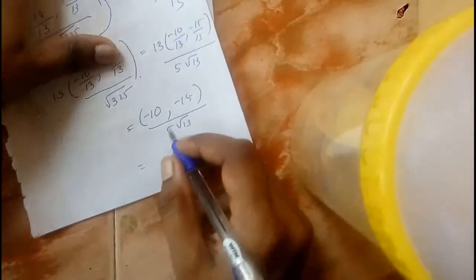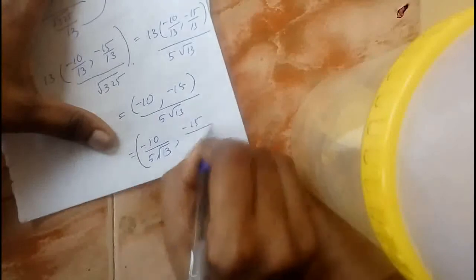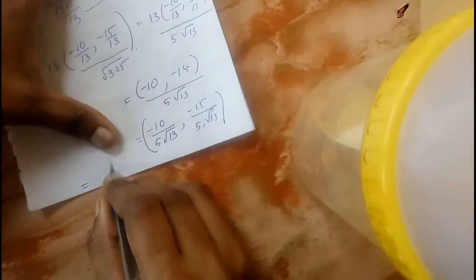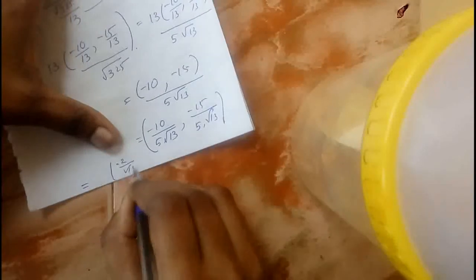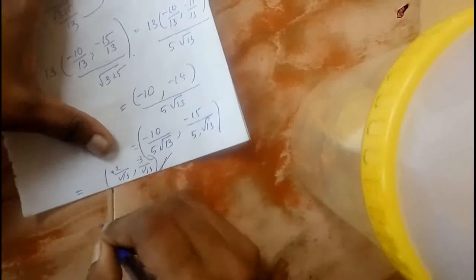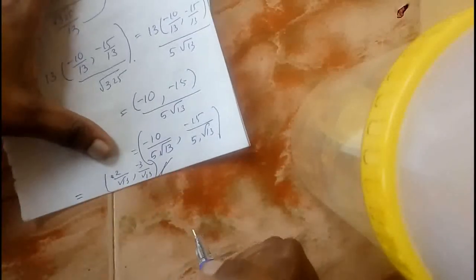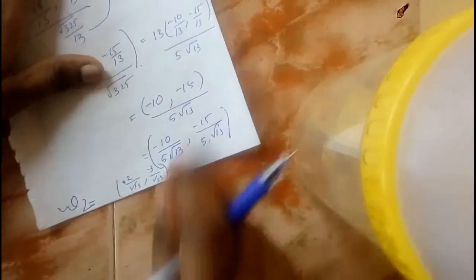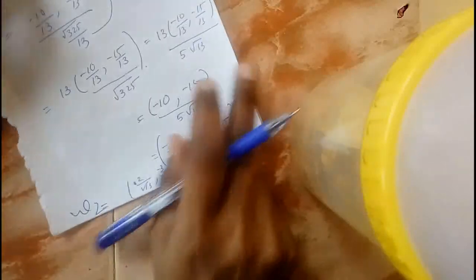So we divide: (-10 by 5 root 13, -15 by 5 root 13), which is (-2 by root 13, -3 by root 13). So W2 will be (-2 by root 13, -3 by root 13).